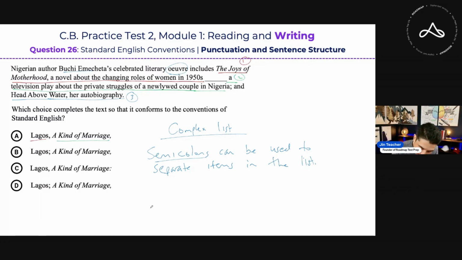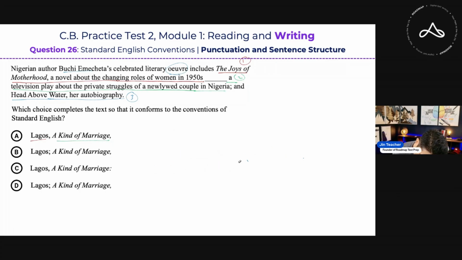So notice the pattern of words that we have here is the title of the book, and then a comma, and then some kind of description about the book, about the title, about some kind of work.